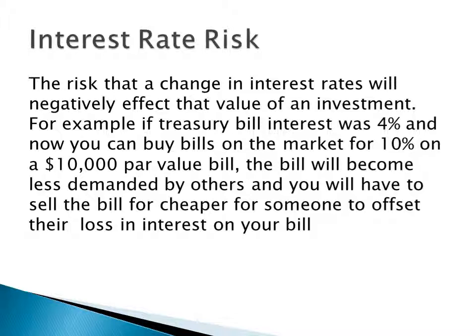Your bill that you're holding with 4% interest now becomes less valuable than the one that has 10% interest on it. So to offset that loss of interest that a purchaser of your bill would have, they would want you to sell them your bill for cheaper.